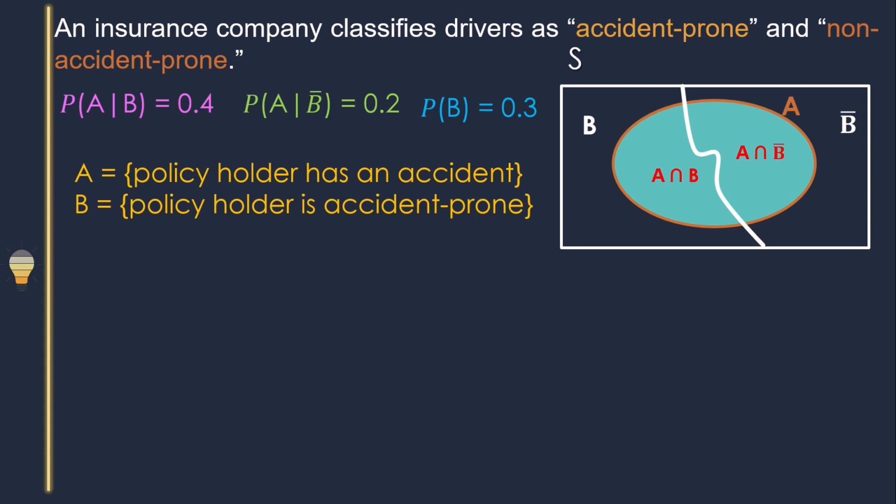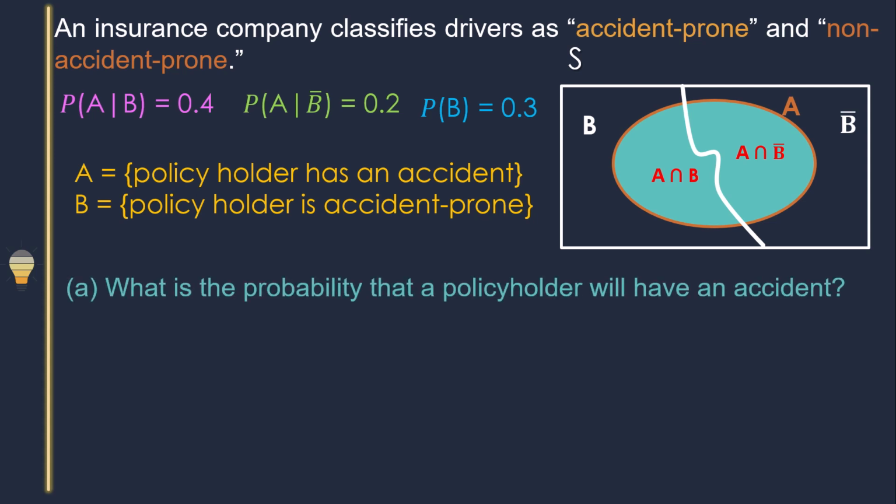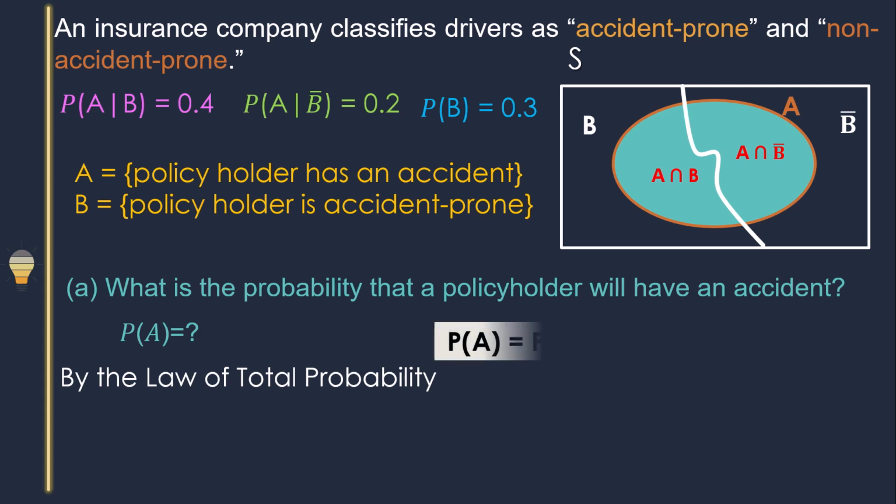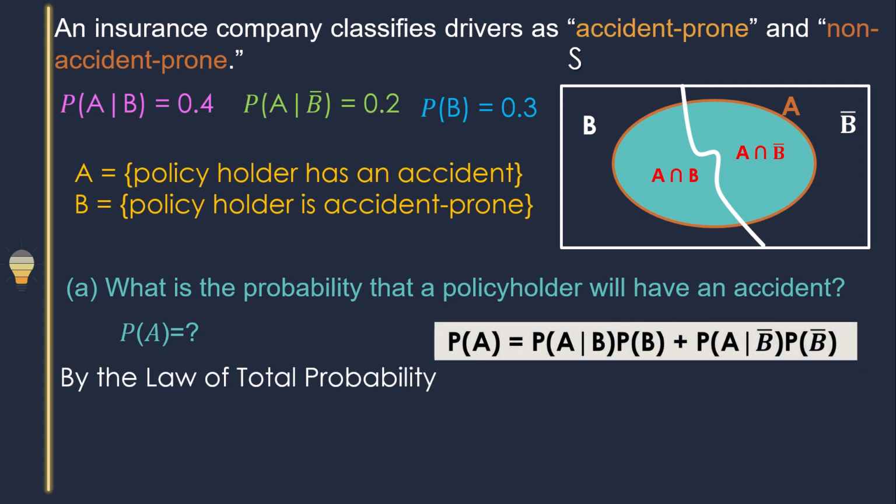Okay, now let me go to part A. What is the probability that the policyholder will have an accident? Right. Now they are asking probability of A. So how do we find the probability of A? By the law of total probability, we can write probability of A equals probability of A given B times probability of B plus probability of A given B complement times probability of B complement.